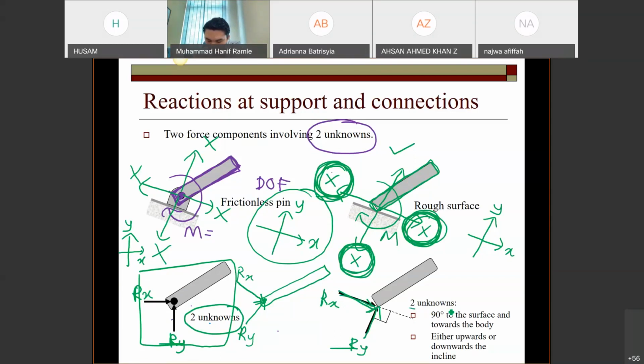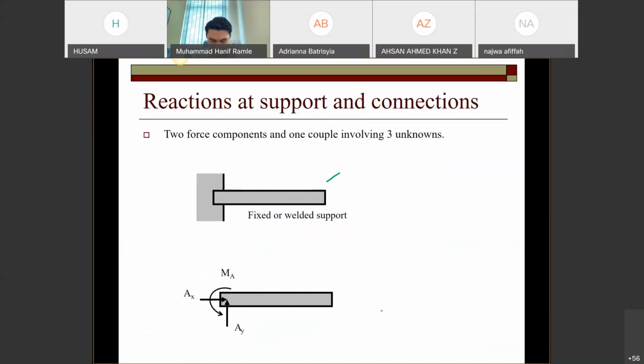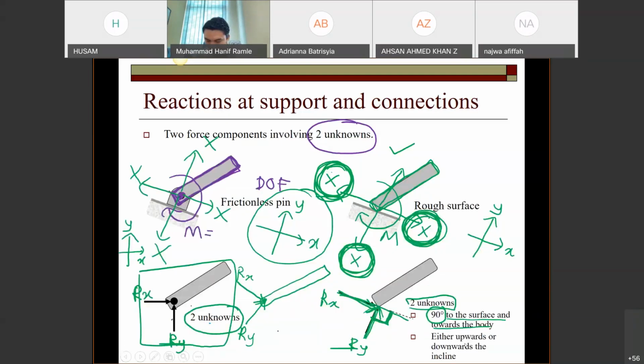And these two unknowns should be at 90 degrees. The first one should be 90 degrees to the surface, toward the body. This is the surface and this is a 90 degree angle between the surface and the reaction Y. It can be either upwards or downwards the incline.